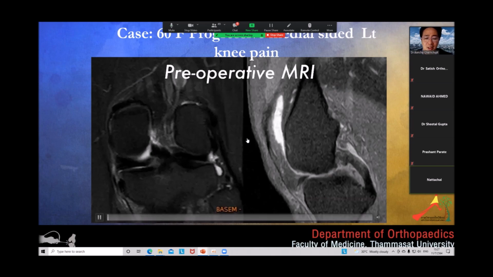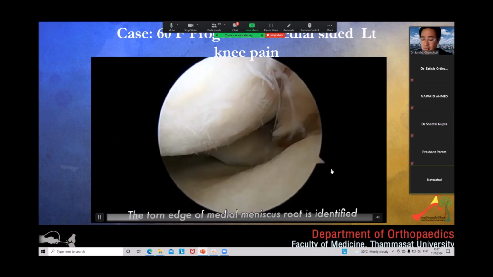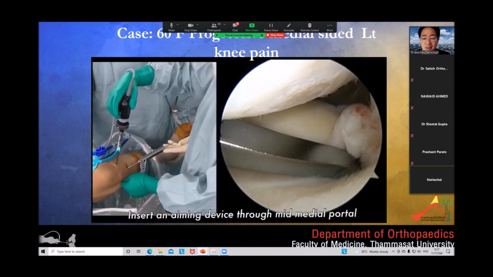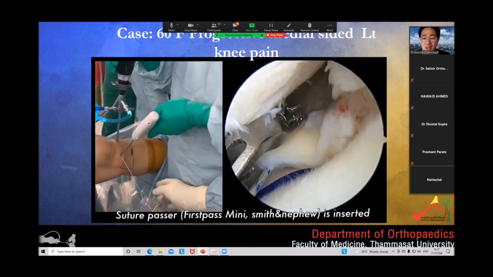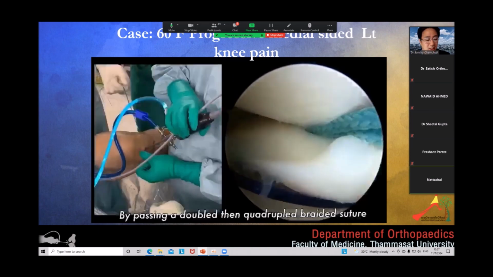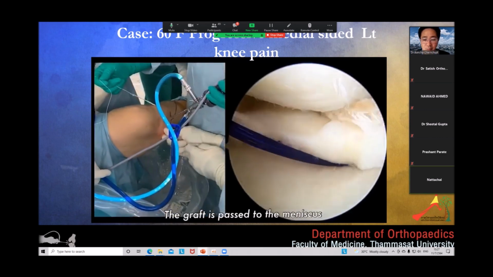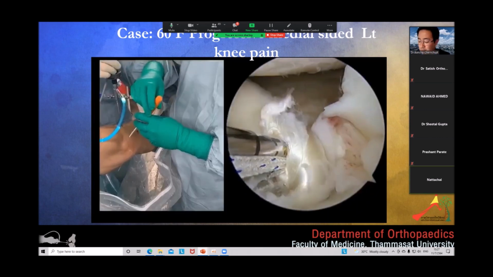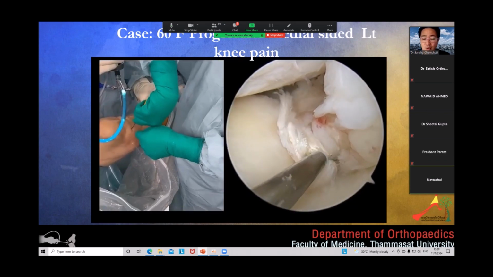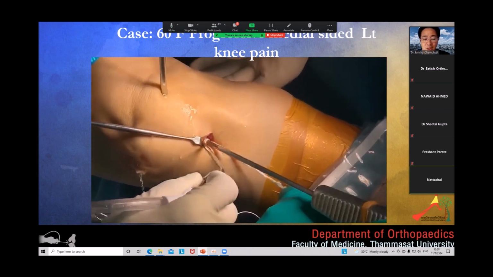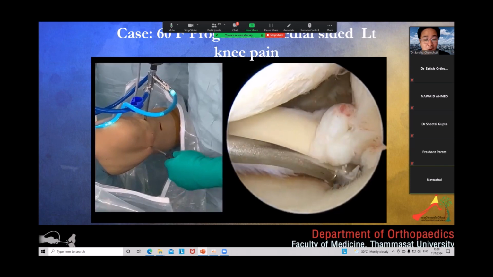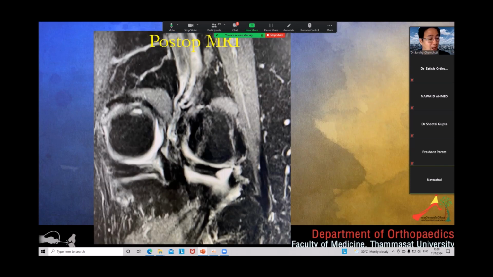Like these patients, who have a chronic tear of the meniscus root, using a graft will be the soft tissue bridge for the meniscus. So this is good for patients with a chronic tear and a very big gap. You can fix it with a bioabsorbable screw. This is an MRI after the surgery, and you can see that it heals nicely.